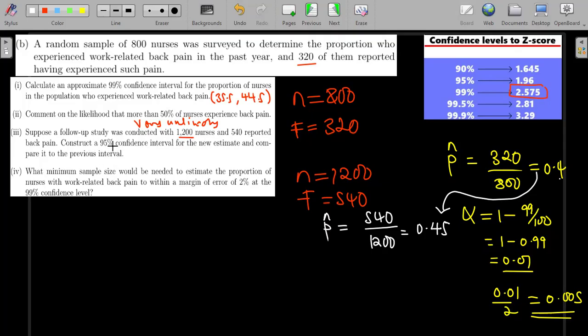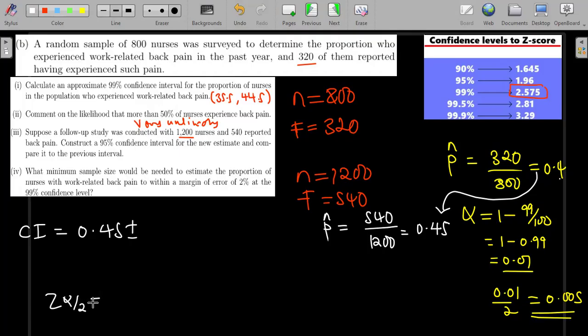They're saying construct a 95% confidence interval for the new estimate and compare it to the previous interval. So the confidence interval will be equal to, we're going to use the same formula. The proportion which I found is 0.45 plus or minus Z alpha over 2.